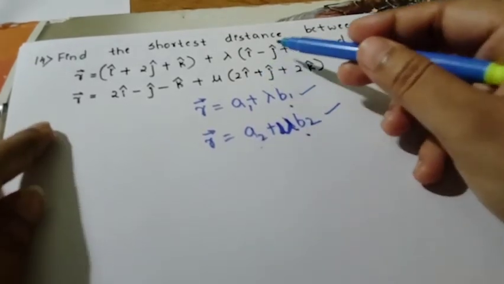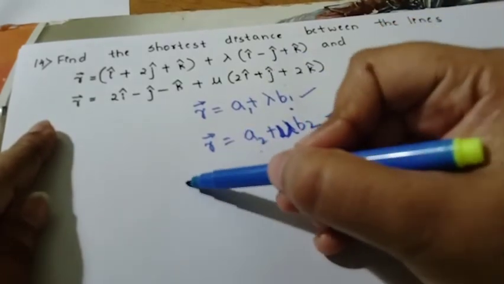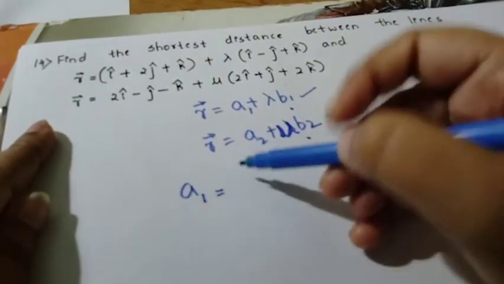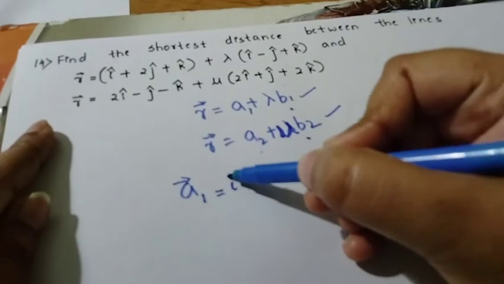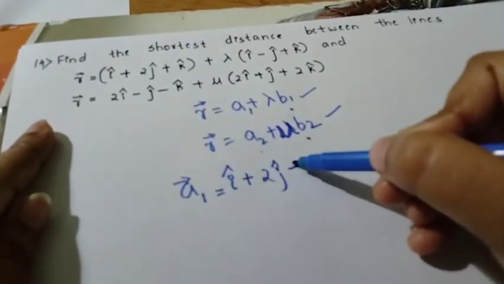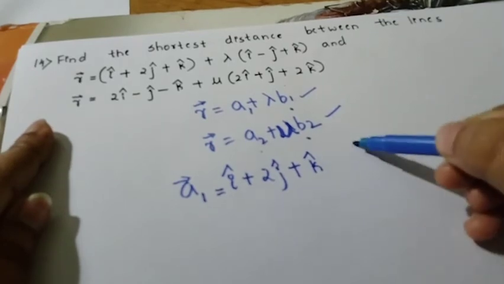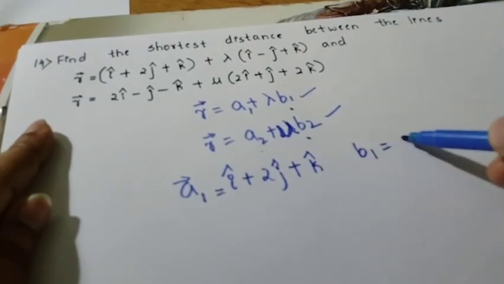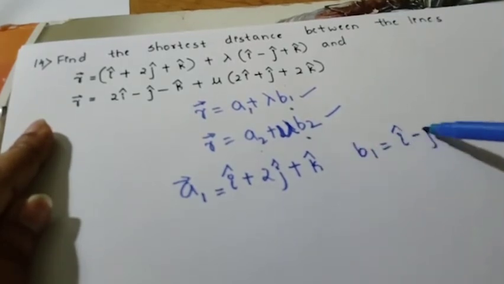If you compare these two equations, you can write vector A1 value: what is it? i plus 2j plus k. Then B1 value is i minus j plus k cap.